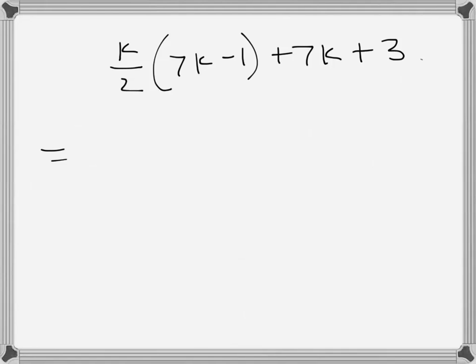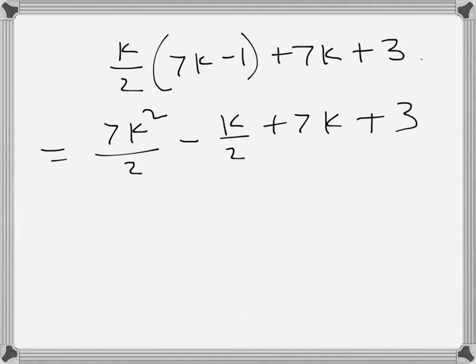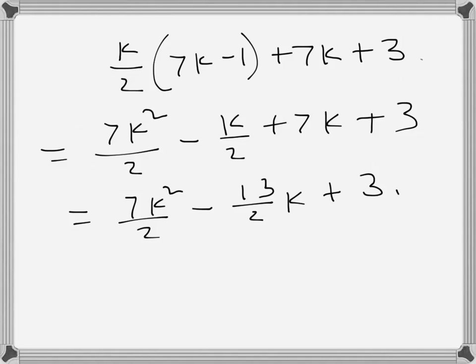This becomes 7k square over 2 minus k over 2 plus 7k plus 3. So this is 7k square over 2 plus 13 over 2 k, which we can leave as a fraction, and then plus 3, because 7k minus k over 2 gives 13k over 2. So that's the left hand side.